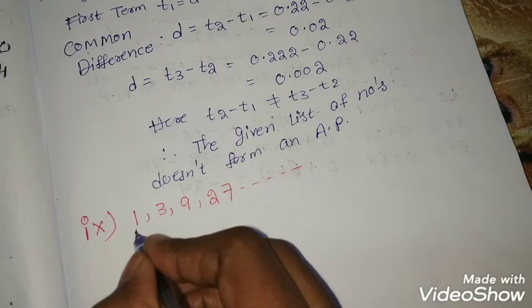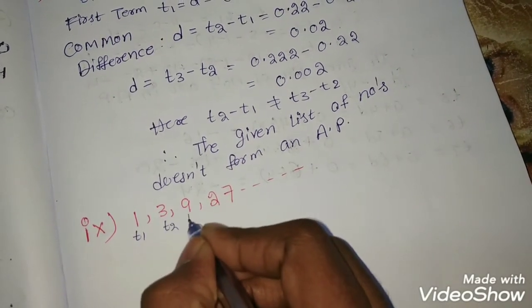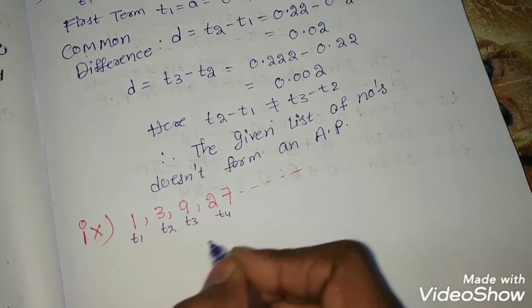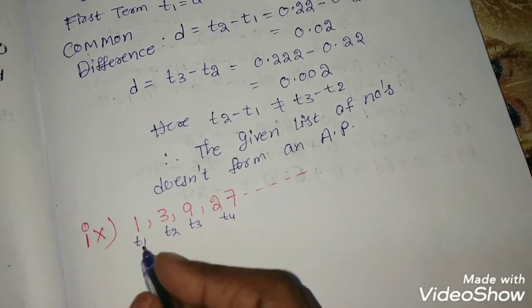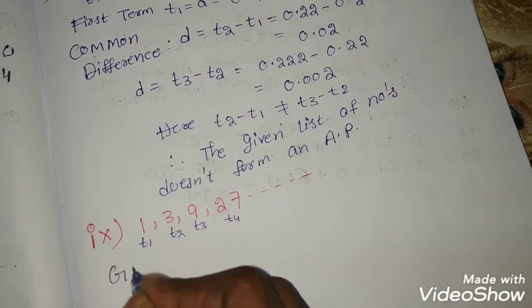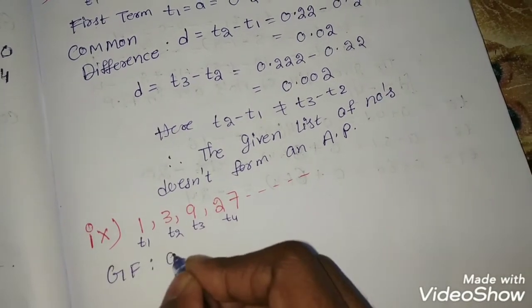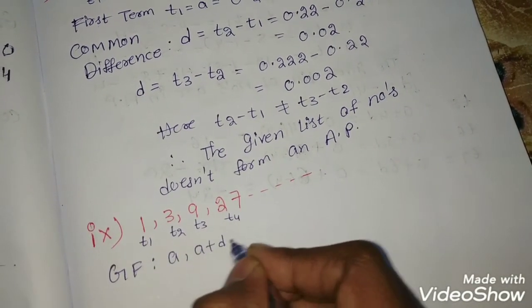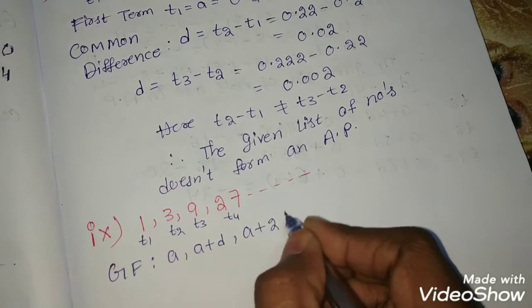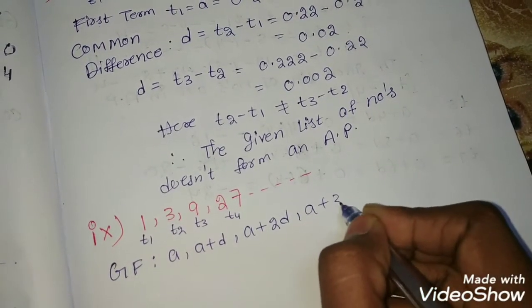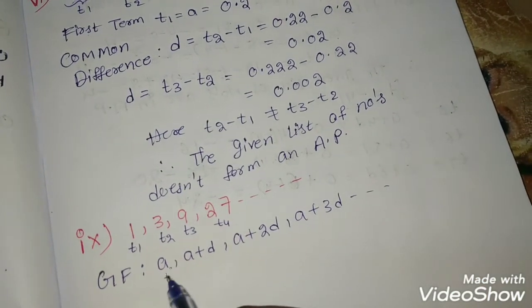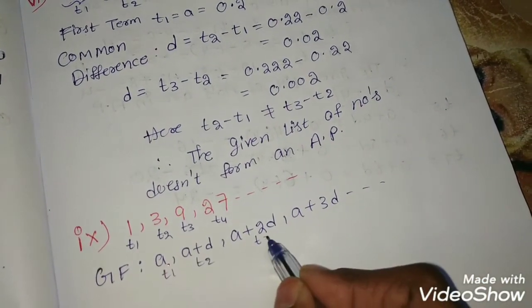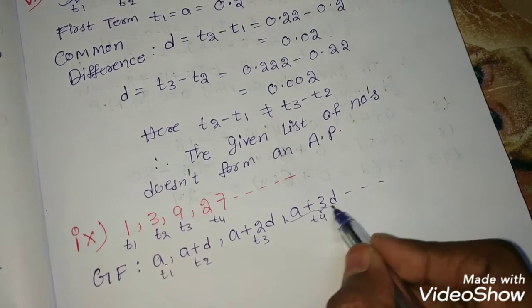See here. This is term 1, term 2, term 3 and term 4, right? So directly we can write, otherwise you have to write a general form. General form, that is a, a plus d, a plus 2d, a plus 3d, and so on. How many terms we have? We have 4 terms. Understand?